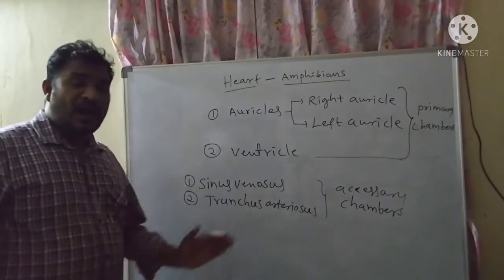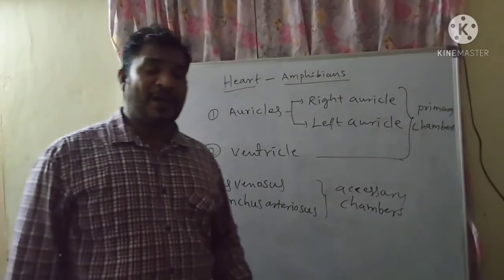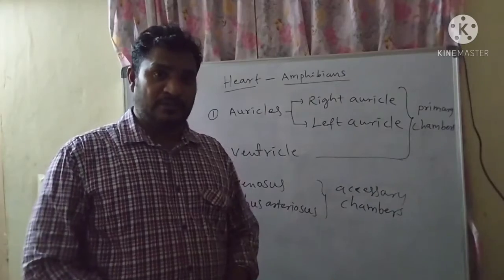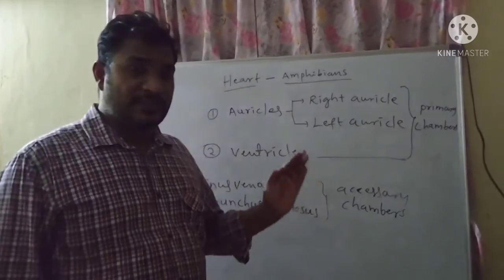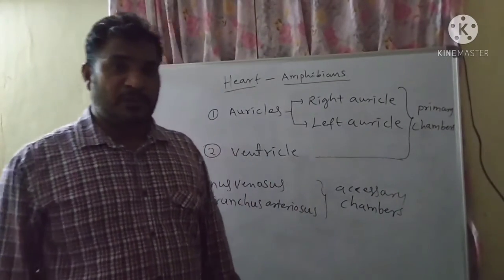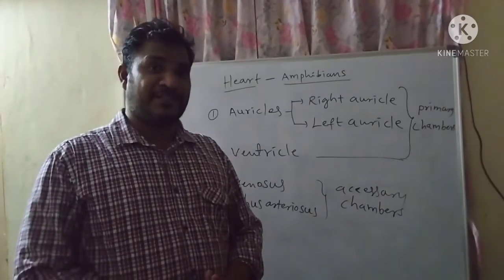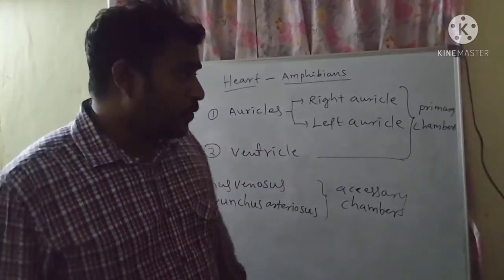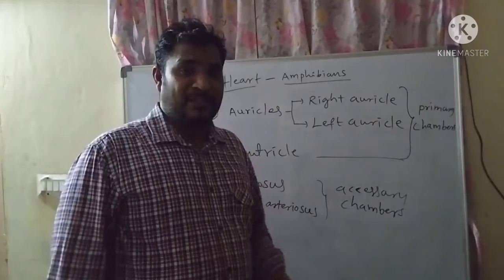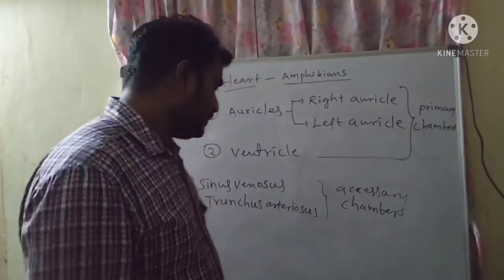When you observe the heart of the fishes, you can find a tubular heart, but when you move from the fishes to amphibians, some modifications take place in the shape of the heart. So what are the modifications that happen in the shape of the heart?